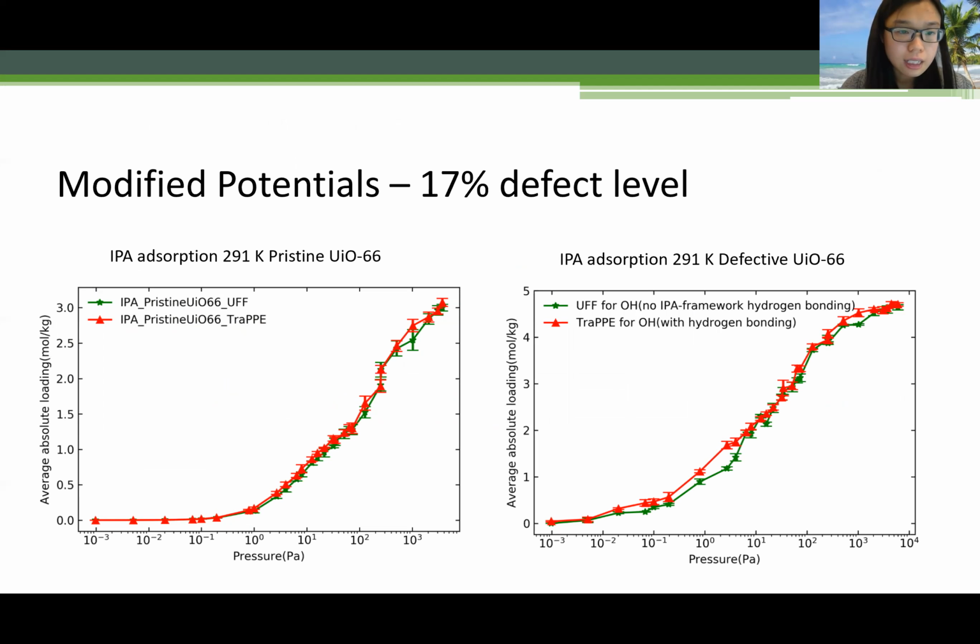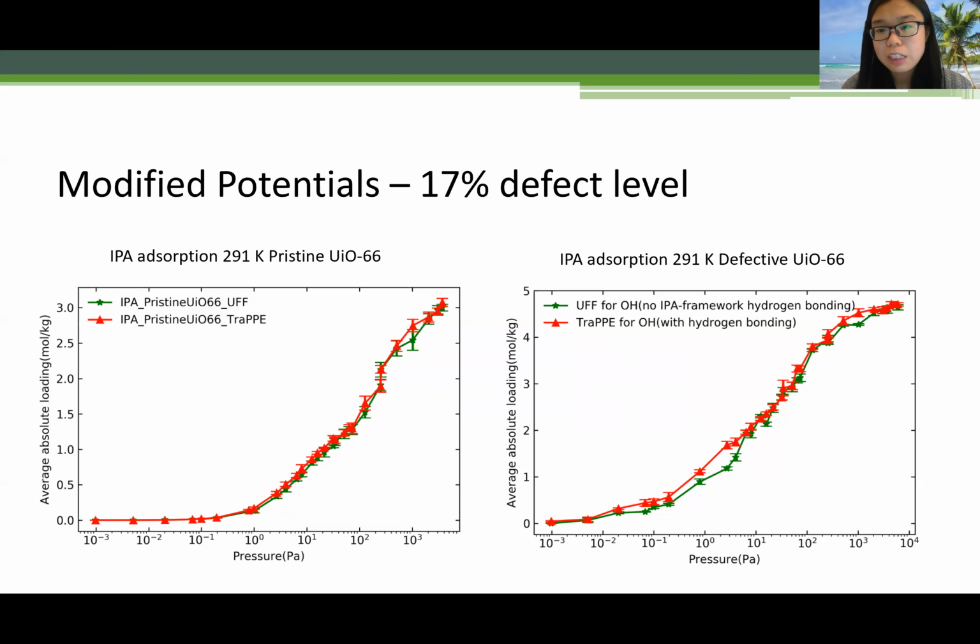Here is a comparison between the isotherms using standard UFF and the modified potential. On the left is pristine, on the right is the 17% defective structure.